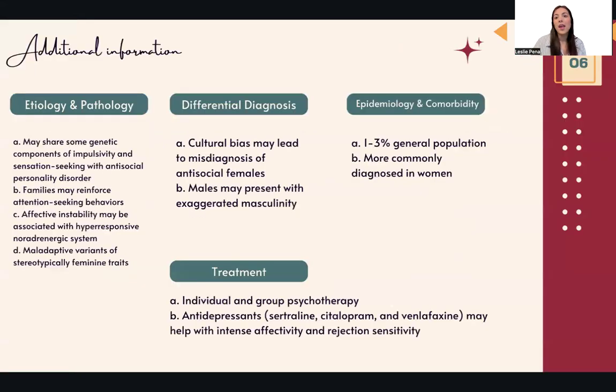So that's 5 or more. It occurs in 1 to 3% of the general population and is most commonly diagnosed in women. Cultural bias may lead to misdiagnosis of antisocial females, and males may present with exaggerated masculinity.